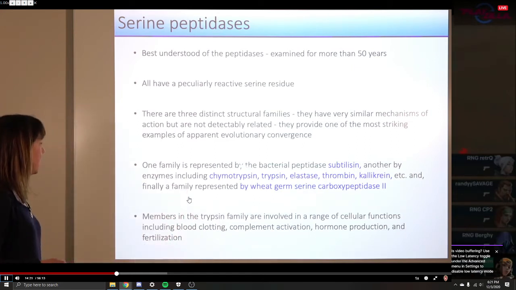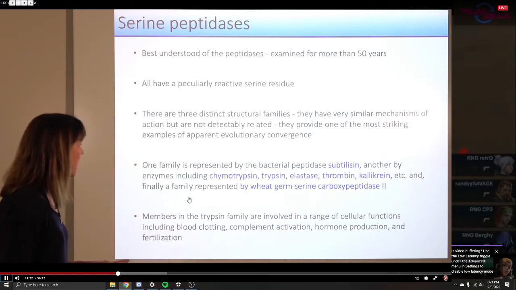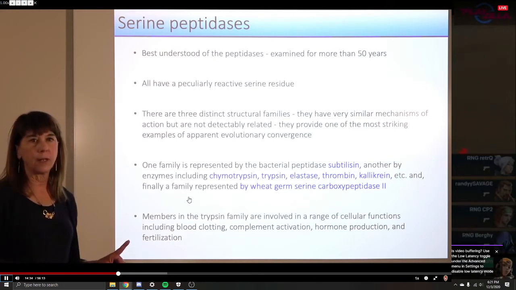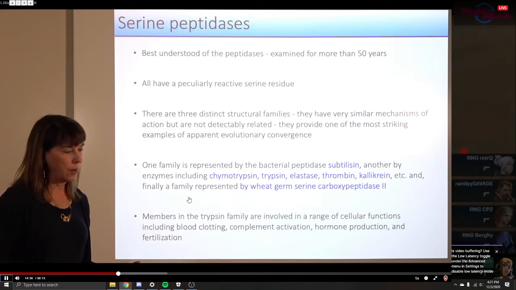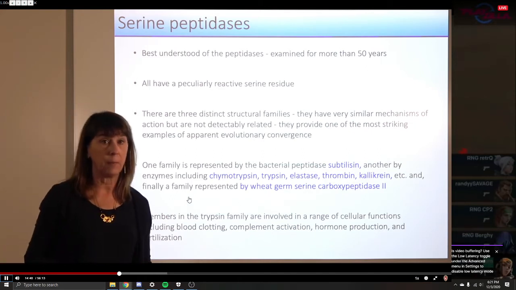So one family is represented by the bacterial peptidase called subtilisin, and we're going to talk about subtilisin. Another by enzymes that include chymotrypsin and trypsin that they always tell you about in introductory biochemistry. There are the kallikreins, for example. These are serine proteases, and you have probably heard of the prostate-specific antigen, or PSA test.